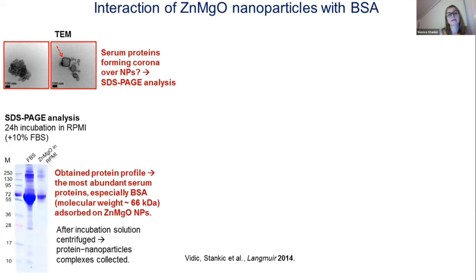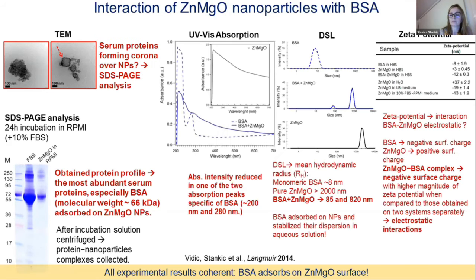We did SDS-PAGE analysis, which showed from the obtained protein profile that most proteins do adsorb on the surface of those nanoparticles, especially the BSA, which was actually added additionally to this medium.